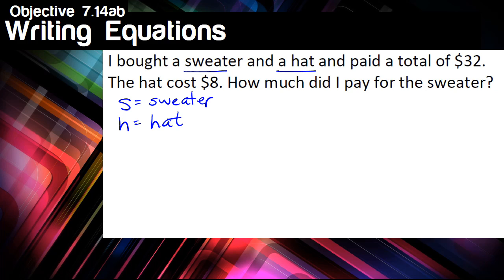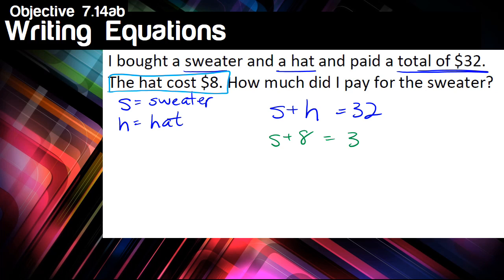So what we have here is, we know that the total here is 32, so that's going to be equal to 32. And then we're doing the sweater plus the hat. We know some key information that we're given, the hat costs $8, so we fill that in our equation. S plus 8 is equal to 32.